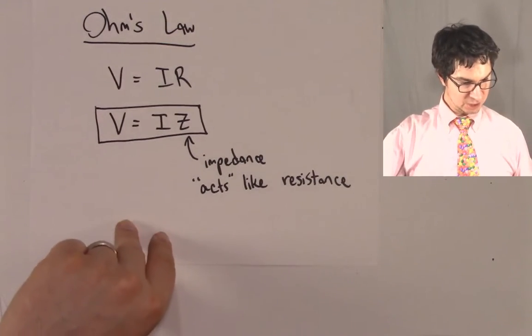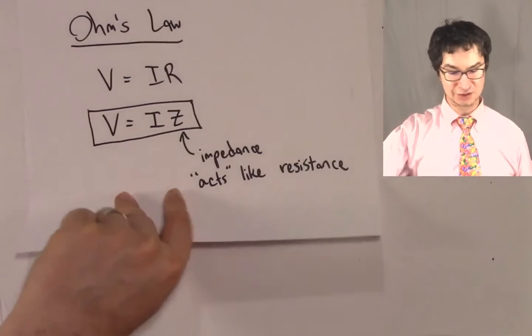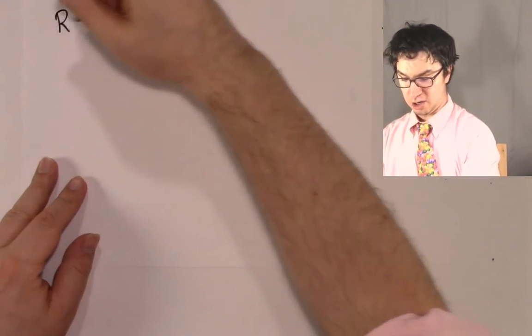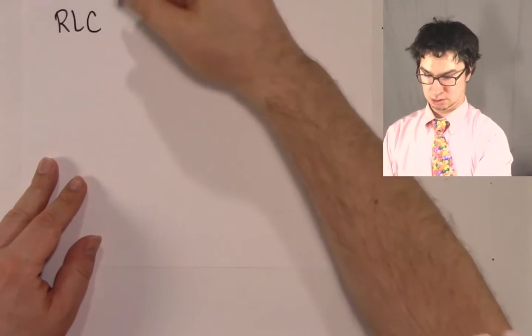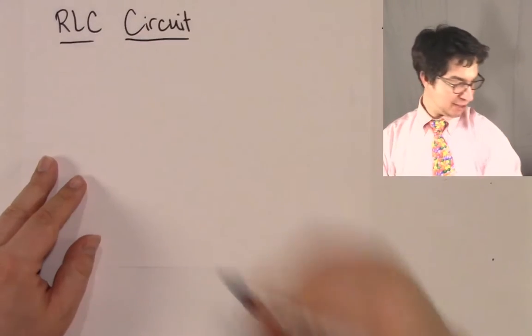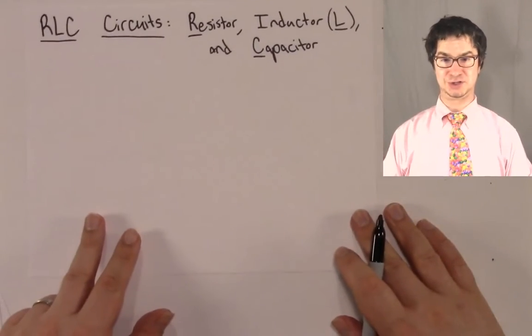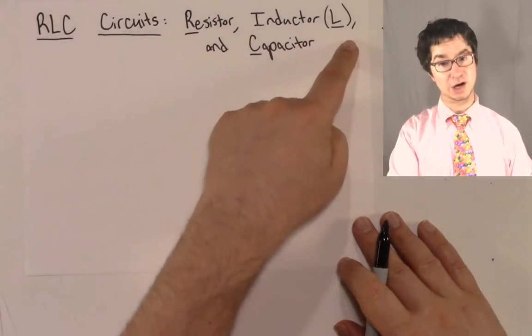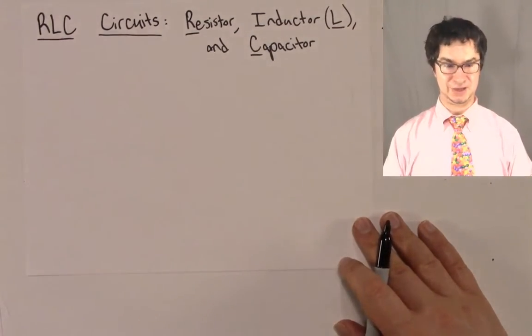Let's move ahead to the last type of circuit that we have to consider in this video. The last circuit is going to be called an RLC circuit. And I bet that you can guess what's in an RLC circuit. R for resistor, L for the inductor, and C for the capacitor.